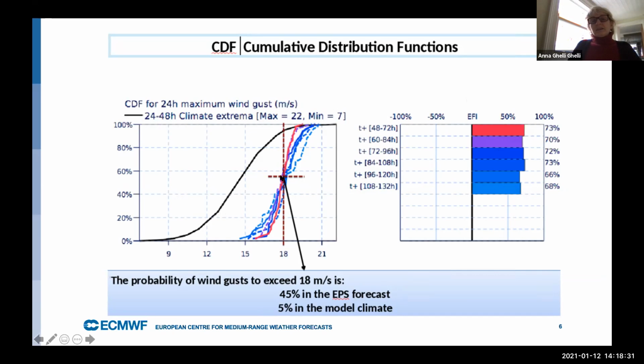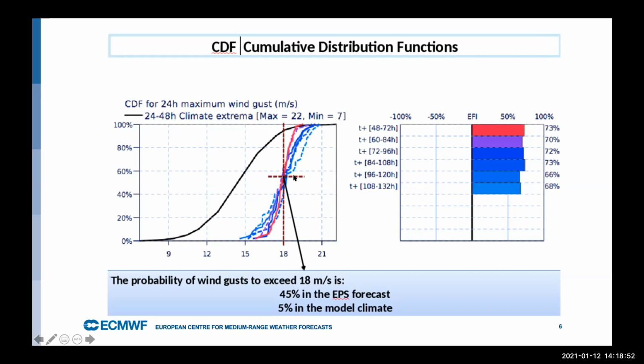You can see they've been graphing the various forecasts. The red one is the latest, but then you also have previous forecast ranges. And here you have a line, which is the 55% line: 45% chance of exceedance and 55% below.